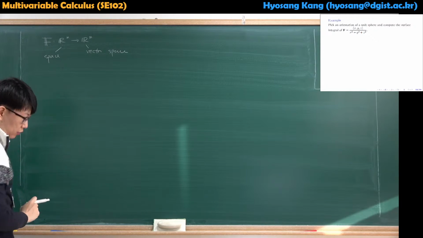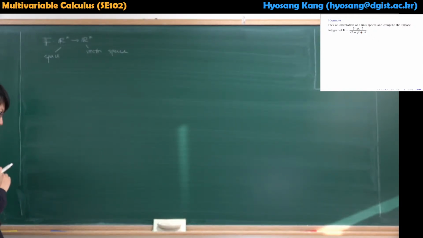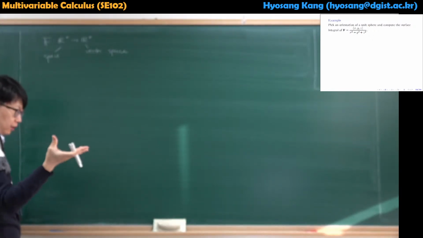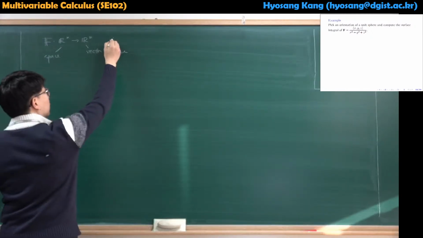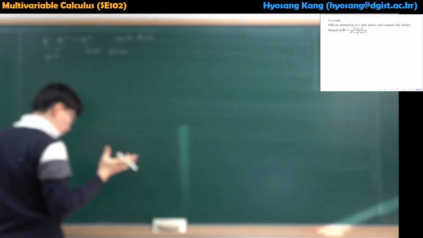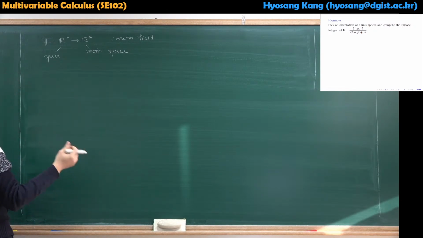Usually we take the same dimension for the vector space and the normal space. So upshot for this vector space is that if you have two vector fields, then you can add them or you can multiply by a scalar number.